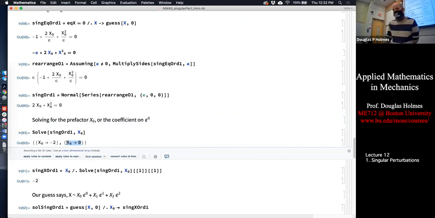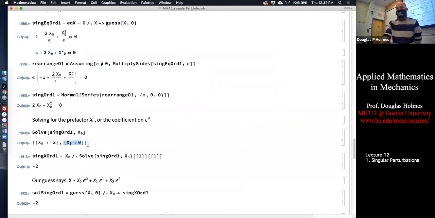But if you do a little double checking, you can confirm that once you do the rescaling of variables and put it back into that normal form again, this root that we found here is equivalent to the one that we found from the regular perturbation.